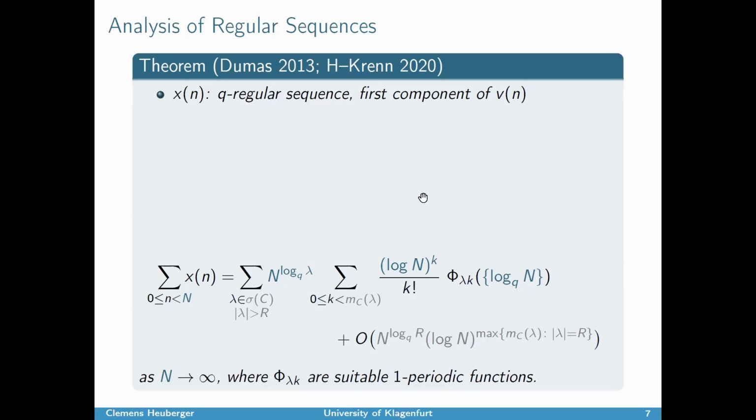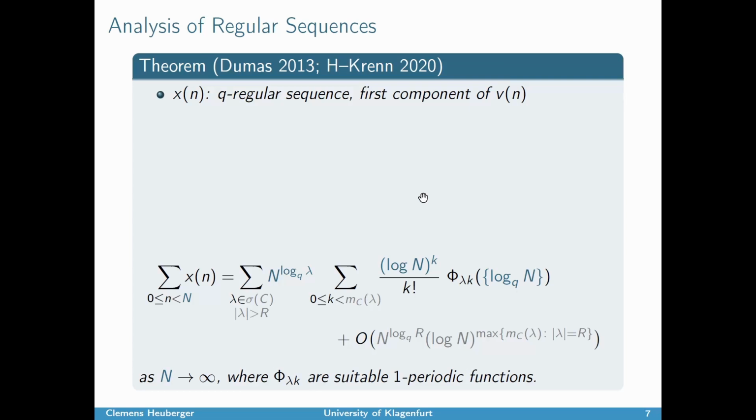So what do we know? We have a q-regular sequence, with the notation as before. And what do we have here? We have the summatory function of the regular sequence, with an asymptotic expansion and an error term.